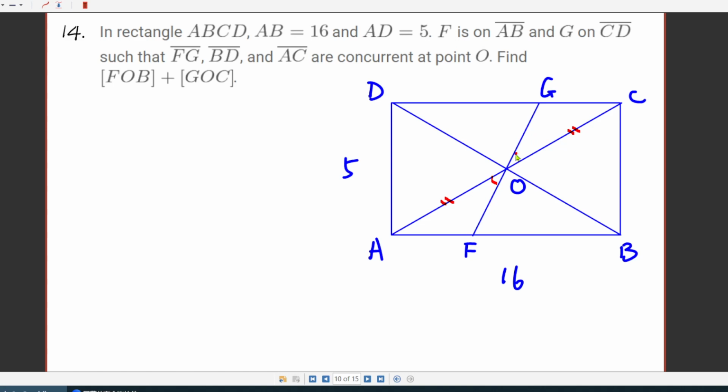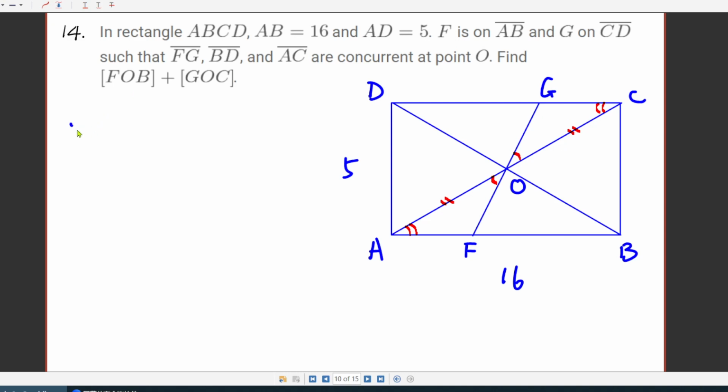And since sides AB and CD are parallel, we have angle FAO, which is this angle here, equals this angle here, GCO. Then we can have a pair of congruent triangles. AOF is congruent to COG, right?